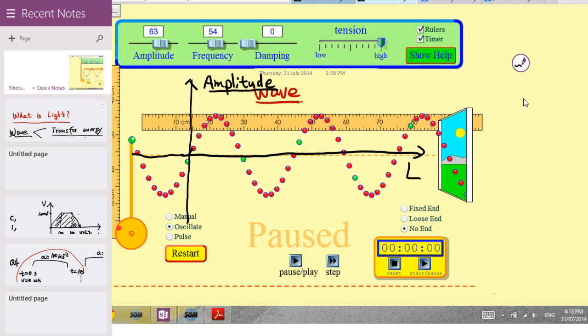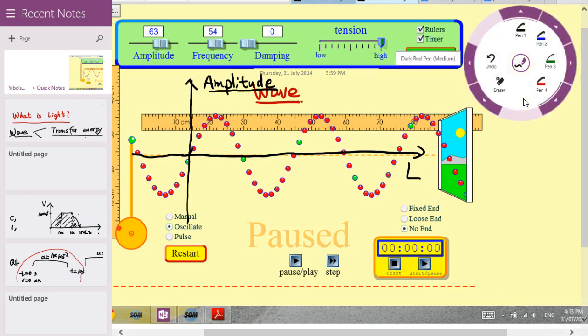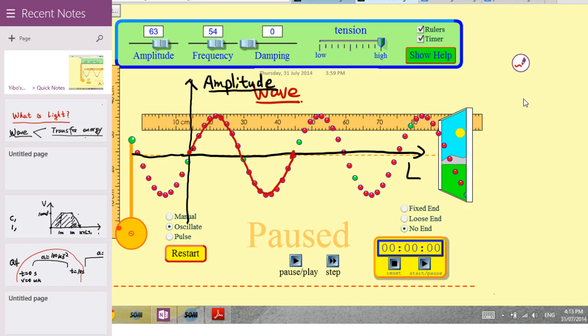Let me use red for the sine wave. I can continue drawing, but when I ask to draw a wave, normally just draw one cycle of it. It will be fine.